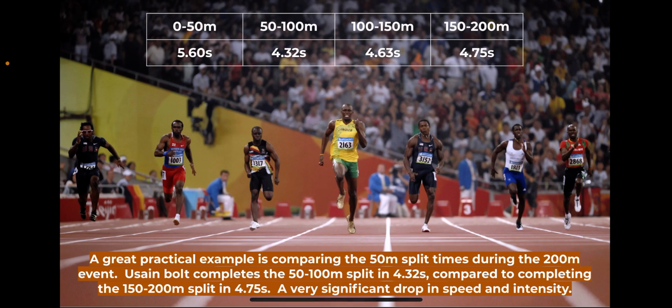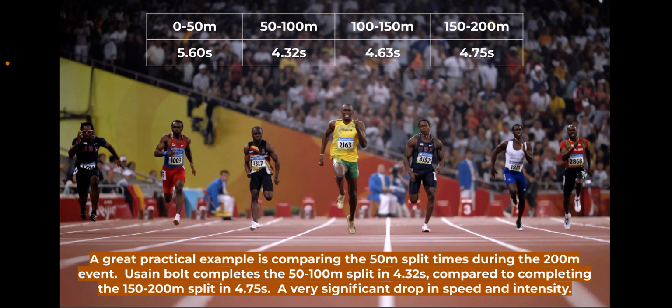And we can see this in times. If we look at this as a bit of a data analysis, we can see in the 200-meter sprint, which goes for Usain Bolt 19.1 seconds, that after the 10-second mark or the 100-meter mark, time starts increasing quite significantly.